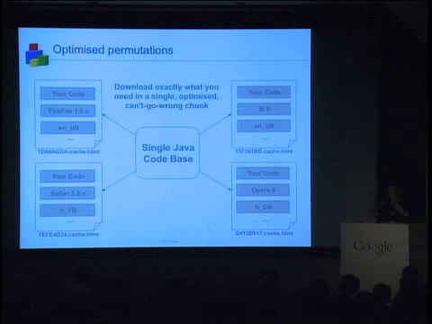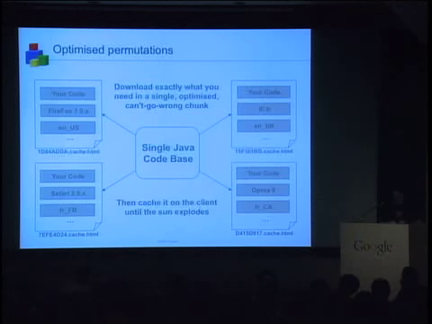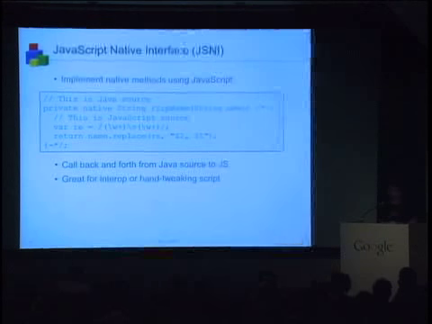We can make all the permutations that are required, and the user downloads exactly what they need, nothing more. And then the user caches this file on the client until the sun explodes. Don't need to reload this file until the code is changed. So before I show you how this works, let me introduce you to JSNI.